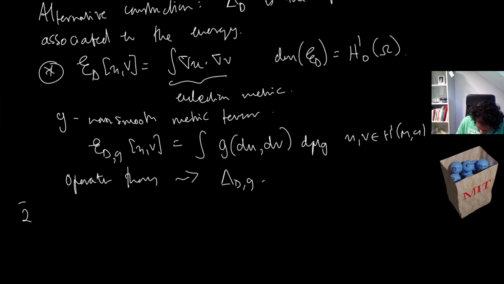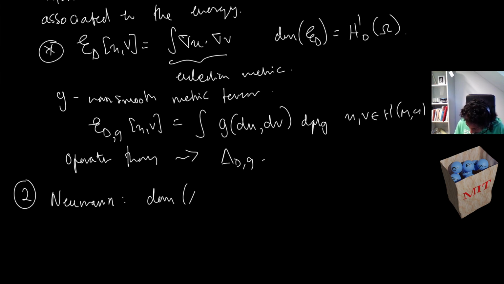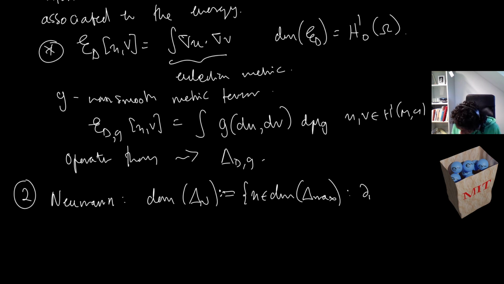You can also consider the Neumann Laplacian, and here you would specify it either with the domain, where you have u in the domain of the maximal Laplace such that the normal derivative is 0.